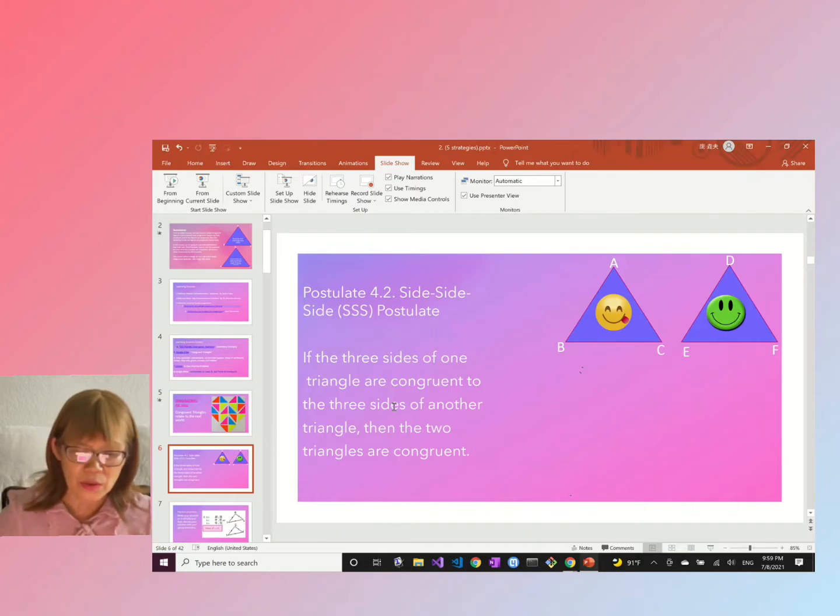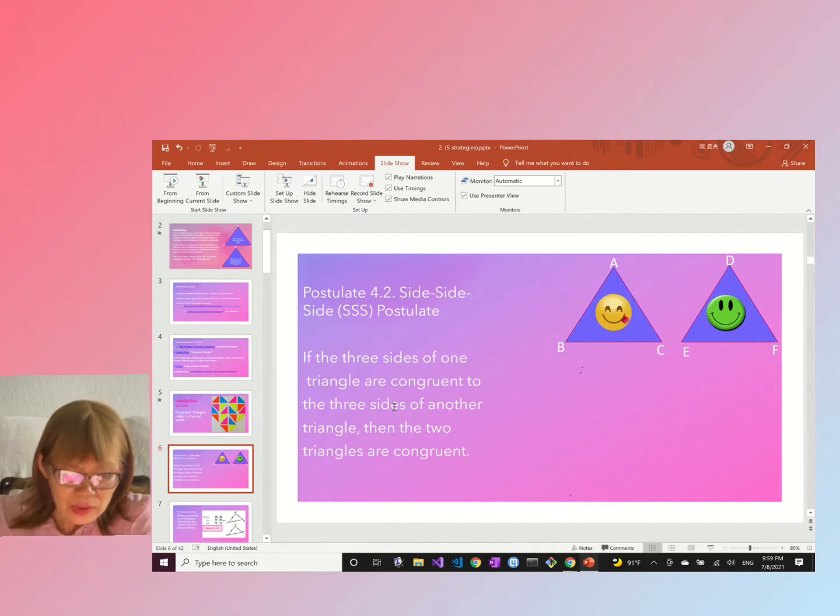Because of time, I'm going to translate the language into mathematical language for you so that it's easy to understand, okay? Let's go word by word and translate. Let's see here, the statement.